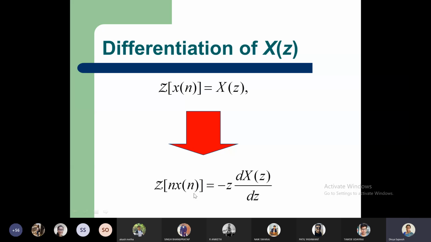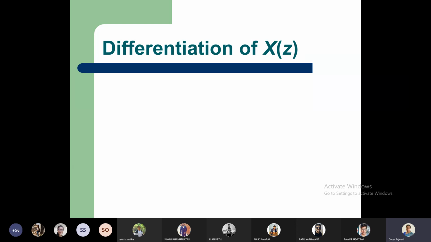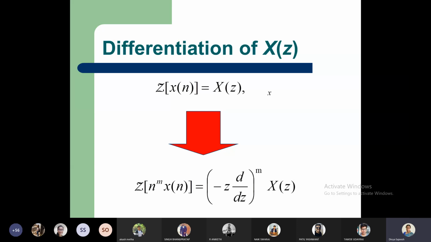Let us see if n is raised to some power m, how you will expand it in the z plane. So n raised to m x of n will be equal to minus z d by dz raised to m X of z. If it is 2, then you have to differentiate twice. If it is 3, you have to differentiate thrice. The algebraic expression you are getting for X of z has to be differentiated that many times.